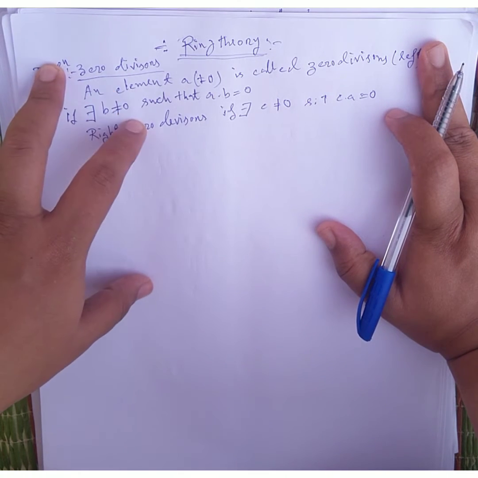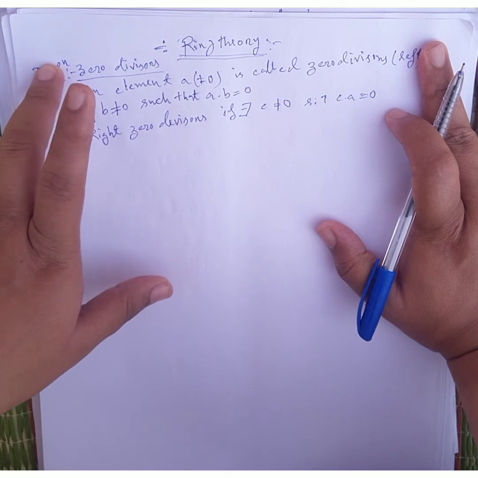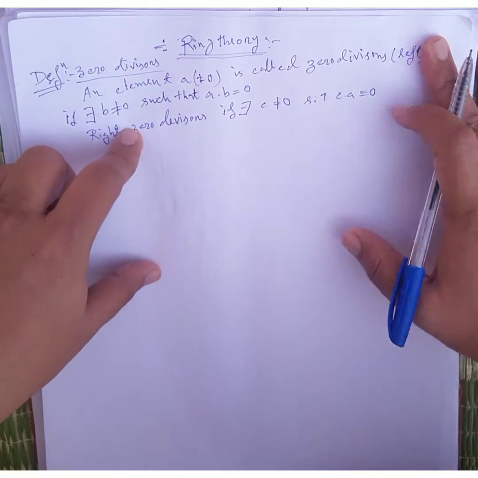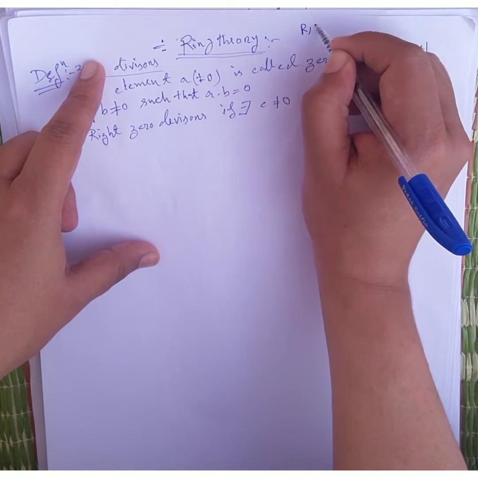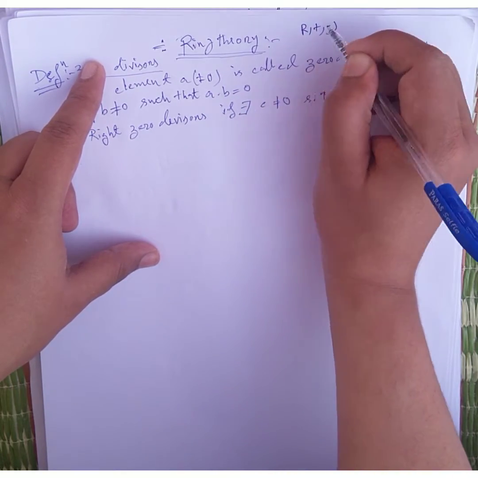When it is a ring, it means (R, +, ·) is called a ring.